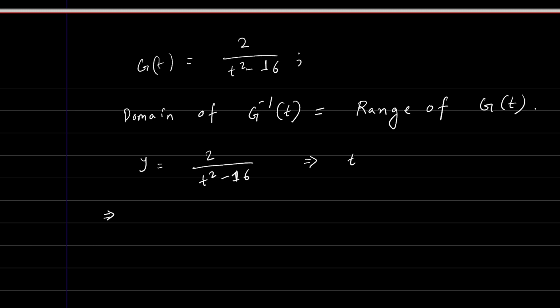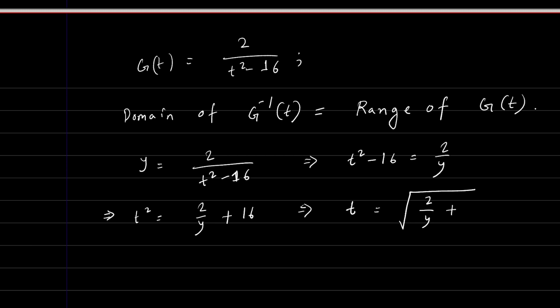So t square minus 16 would be 2 over y, and t square would be 2 over y plus 16. So t is the square root of 2 over y plus 16. So g inverse of t, we get the square root of 2 over t plus 16.